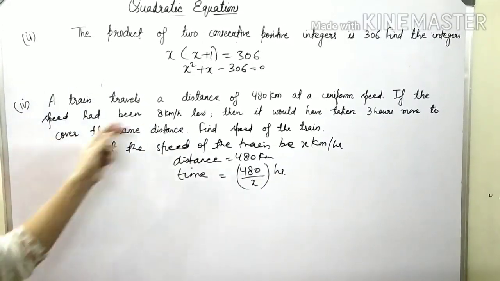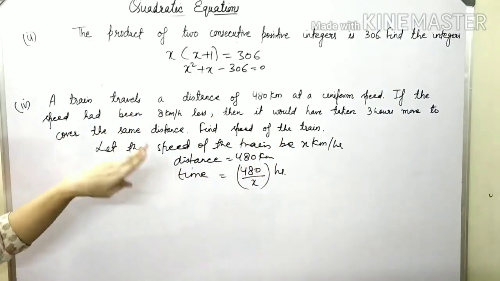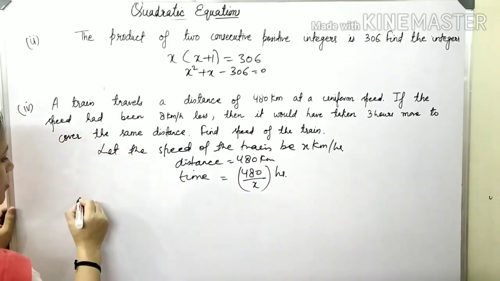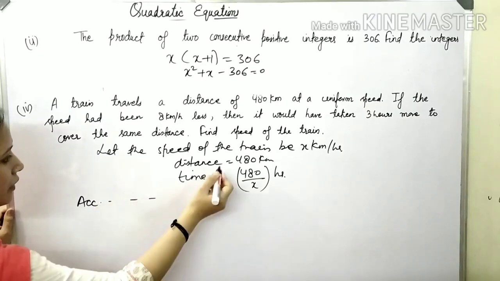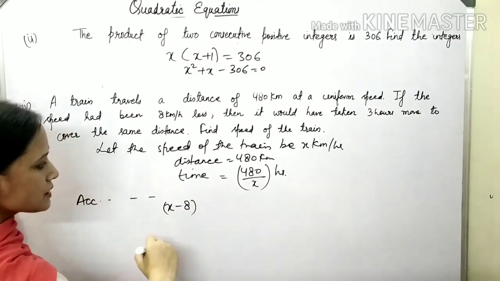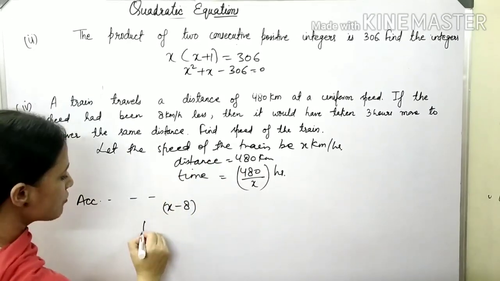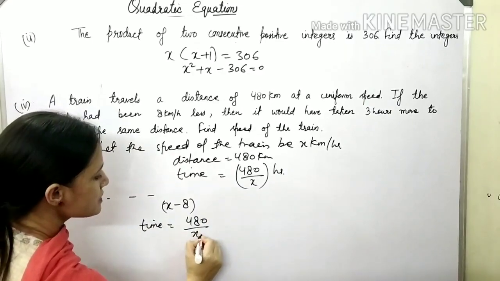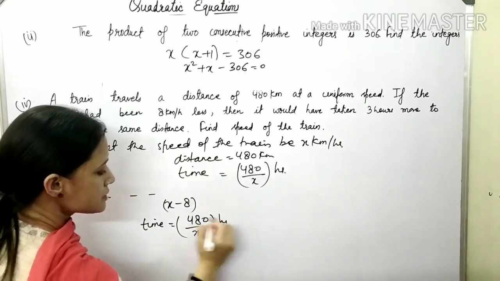Now according to the condition they have given us, if the speed had been 8 km per hour less. So according to the given condition, you can write that speed is now 8 kilometer per hour less. Distance is same. So time will be 480 upon x minus 8 hours.